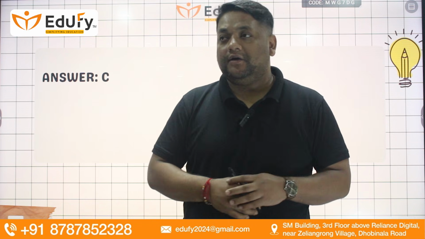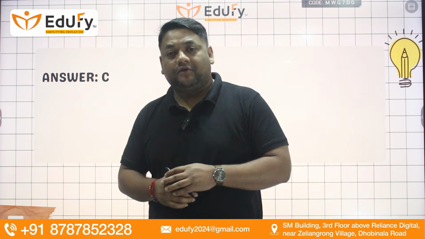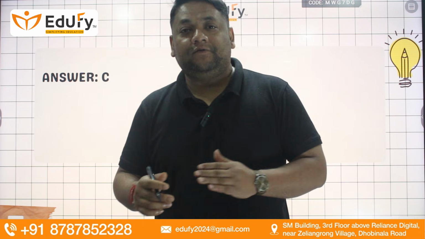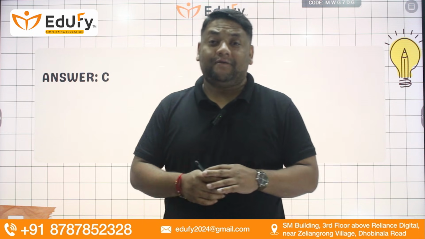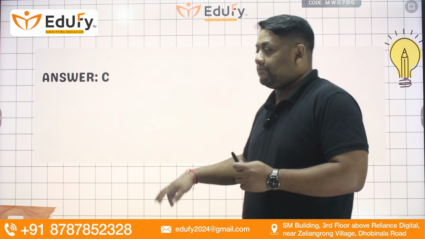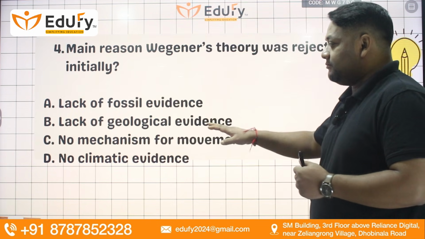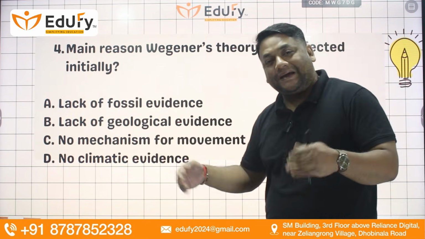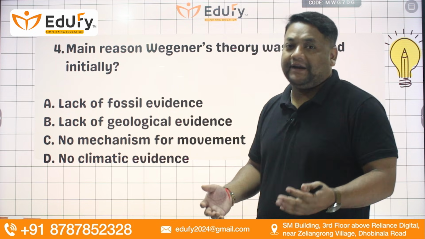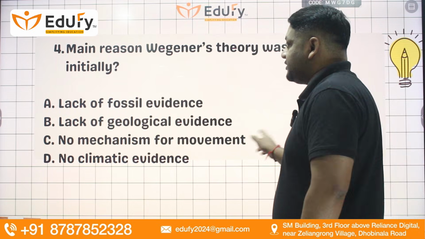We still have evidence of continents moving: Greenland moves 1.2, 1.3, 1.5 centimeters every year from its place. So continental drift theory is correct. But there is no mechanism known by this theory for why these continents are breaking and moving. All right, so C is the right answer.